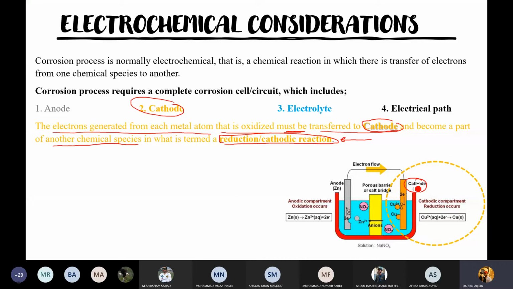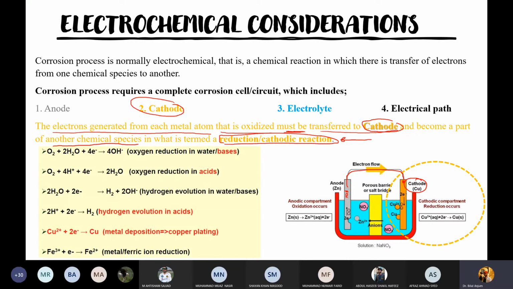This is your cathode, and what is happening is electrons that were generated over here reached the cathode with the help of the electrical path. And what is happening at the cathode? At the cathode, you have this reaction taking place. That means ionic form, utilization of electrons, reducing valency.